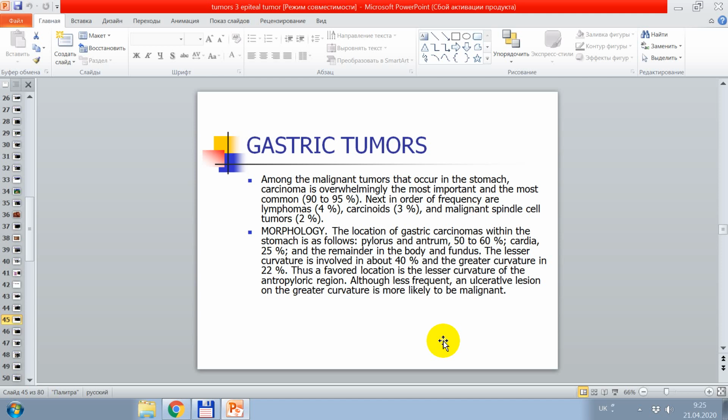The lesser curvature is involved in about 40% and the greater curvature in 22%. This is a lesion on the lesser curvature of the antropyloric region. Although less frequent, an ulcerative lesion on the greater curvature is more likely to be malignant.